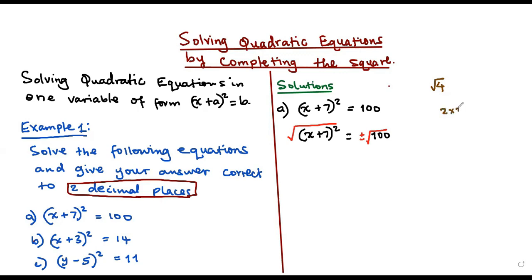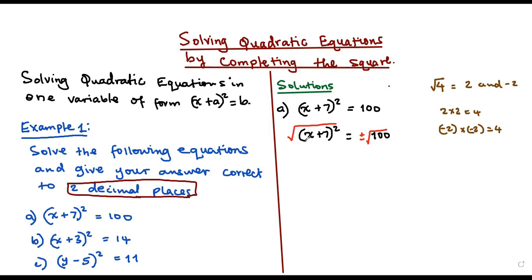If I get 2 times 2, I'll get 4. And if I get negative 2 times negative 2, I will still get 4. So the square root of 4 is 2 and negative 2. So that's why we say plus or minus. So we are getting the negative square root and the positive square root.